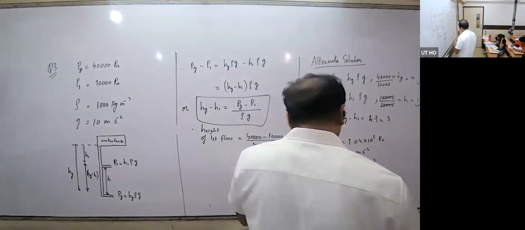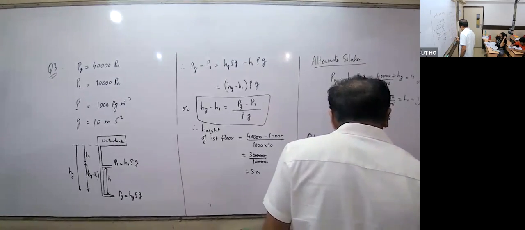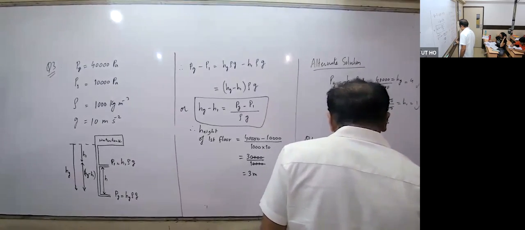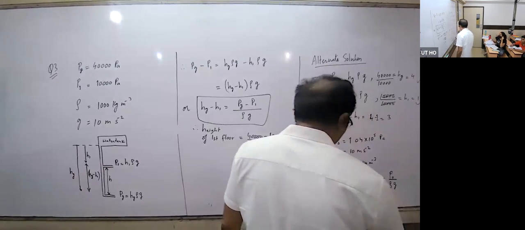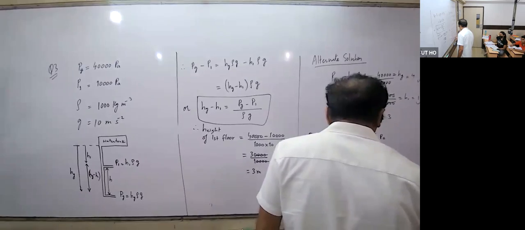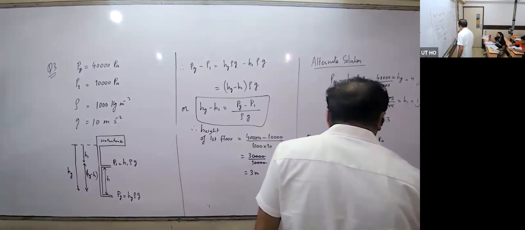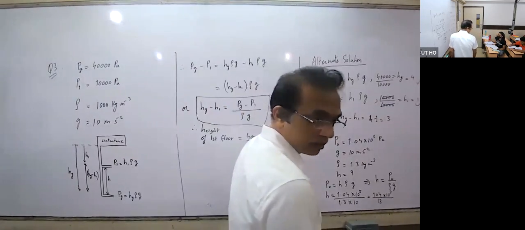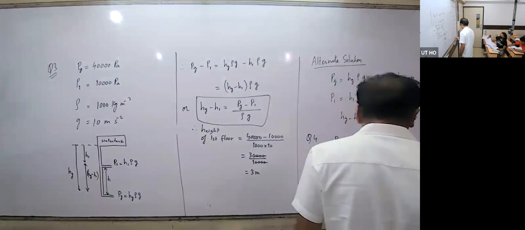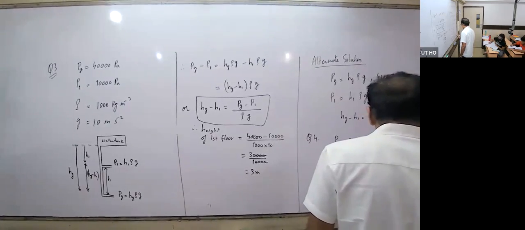So this will be 0.104. I'll finish the decimals. 104 into 10 raised to 3 divided by 13. So 13 8 times 104. So this will be 8,000 meter.